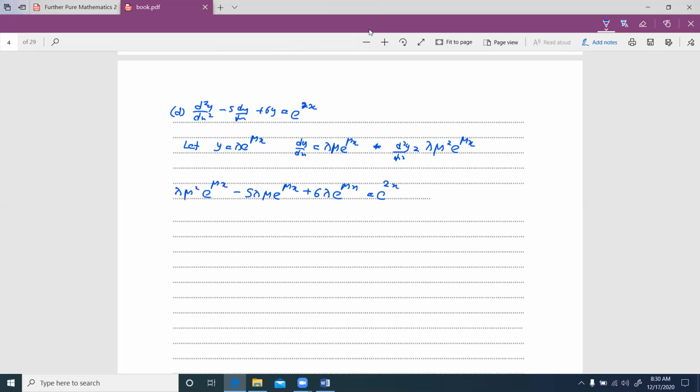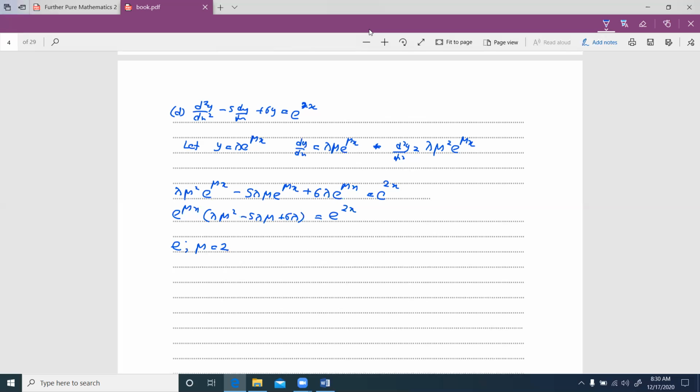I can take e to the power mu x out of the entire equation. Simply from this, if you equate the coefficients of e to the power, you can say mu is equal to 2, right?